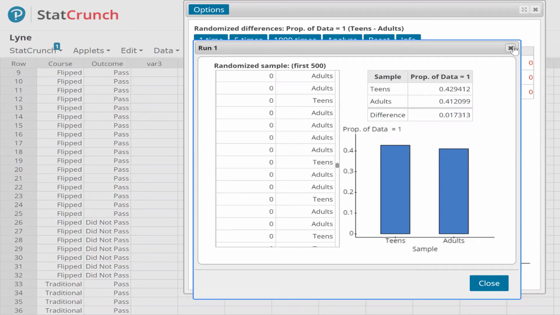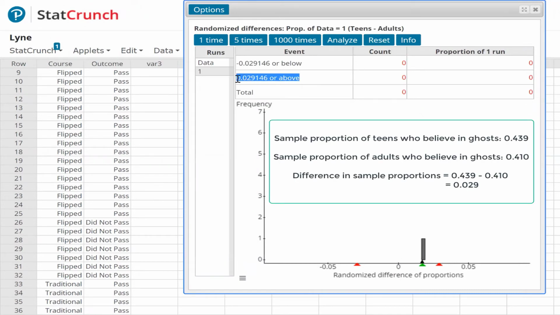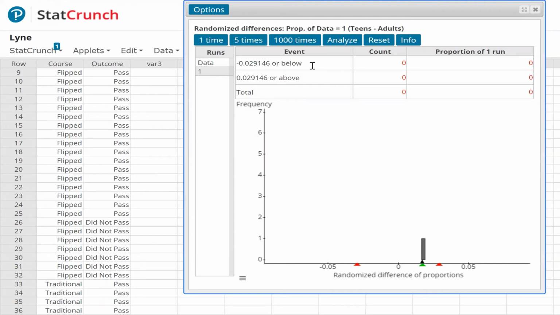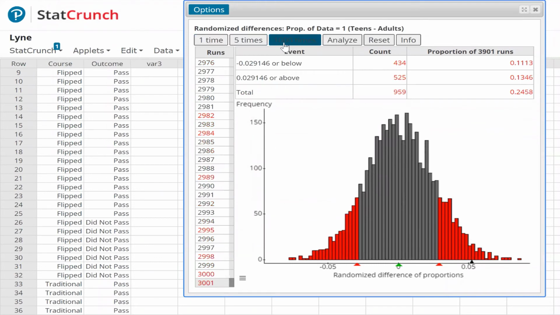And then we compute the difference in sample proportions between the two. Our observed difference in sample proportions is about 0.029. So all we do here is randomly assign adult, teen to whether you believe in ghosts or not over and over and over again. So let's just do this another 5,000 times.